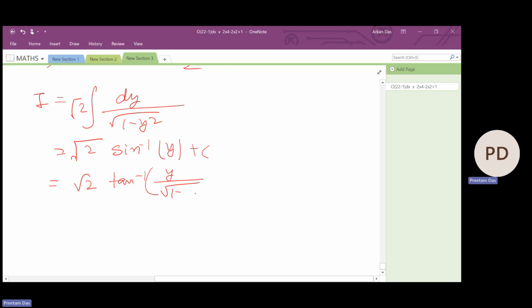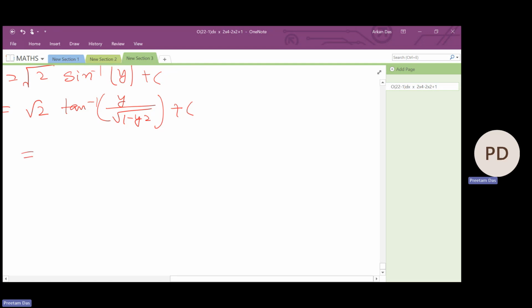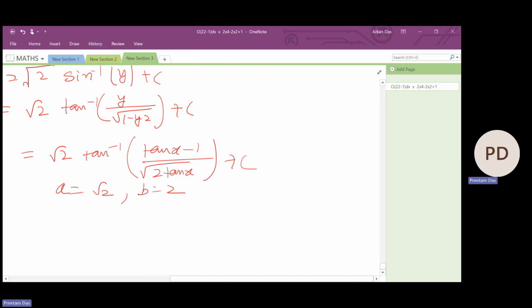So that will be this plus c. Now put the value of y again here and then convert it to tan. Finally you will get tan x minus 1 over root 2 tan x, plus c. What is a? Root 2. What is b? 2. So a raised to 4 plus b raised to 5 will come out as 36.